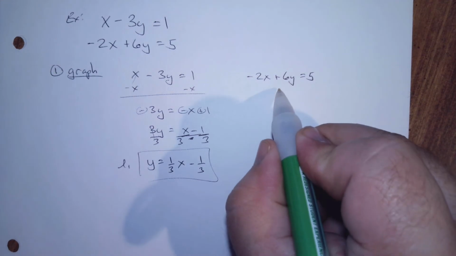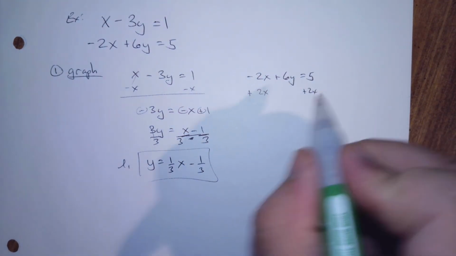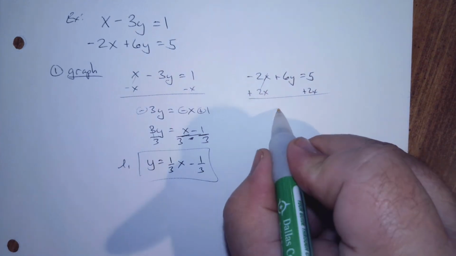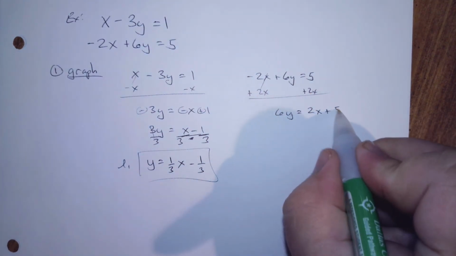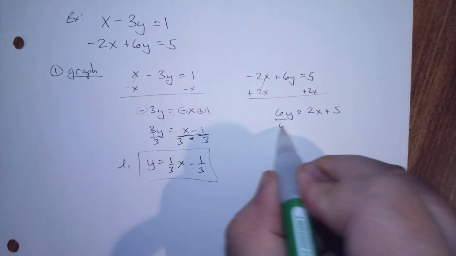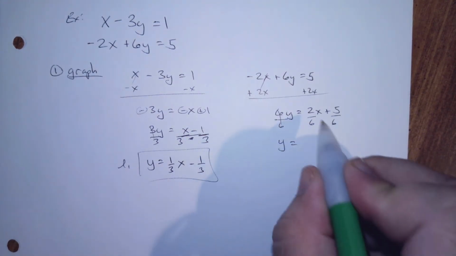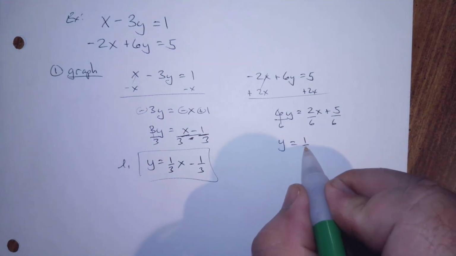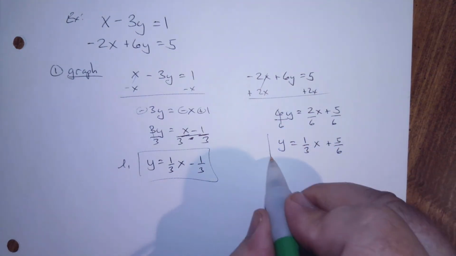Now the second one, add 2x to both sides. 6y equals 2x plus 5. Divide by 6. 2 divided by 6 is 1/3. Here's line 2.